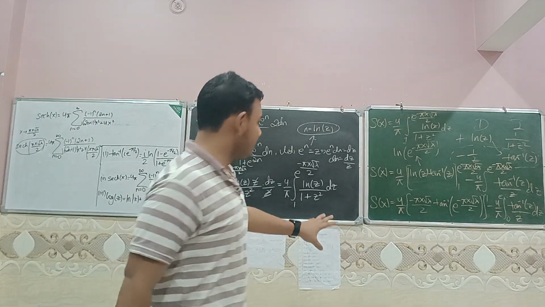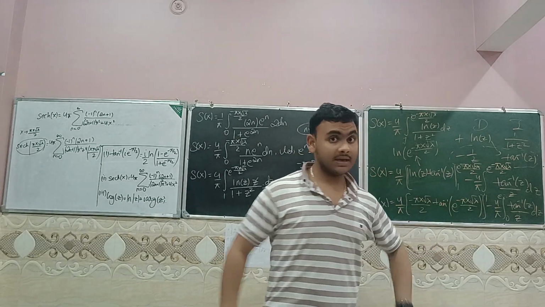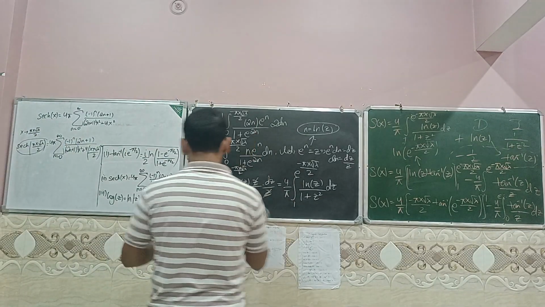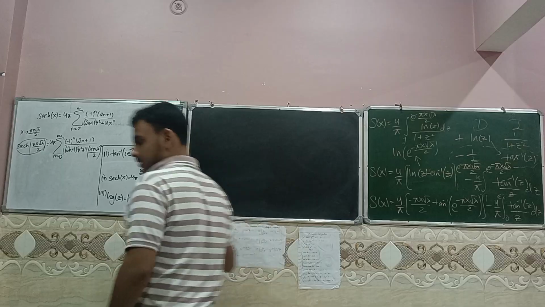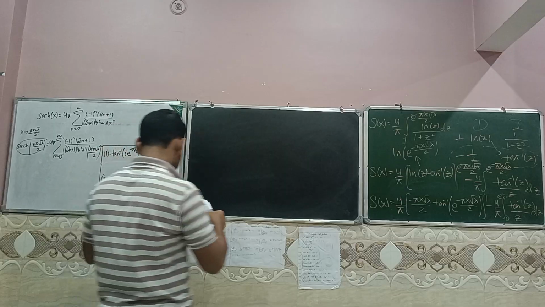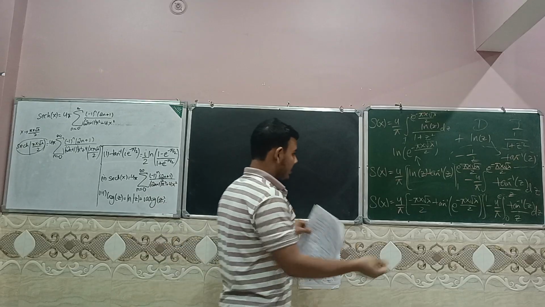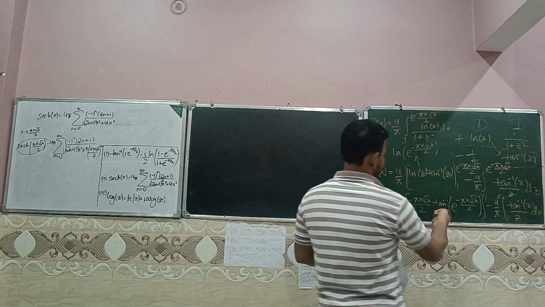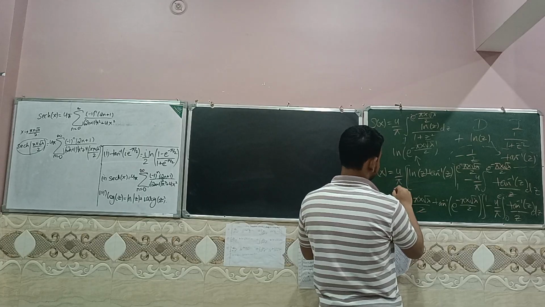So mainly we will be focusing on this part only, because we don't care about that, as I said. Now we continue our process, multiplying this 4 over pi inside. Obviously this cancels out, and this becomes that.